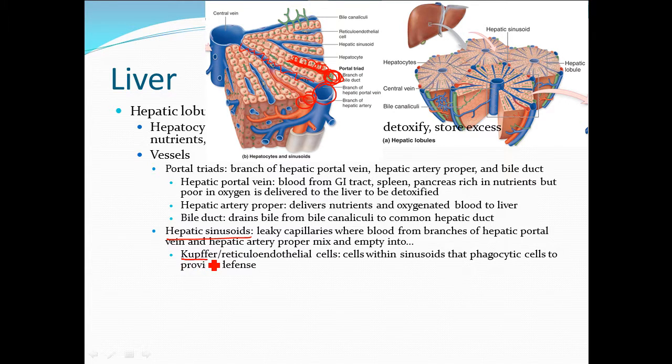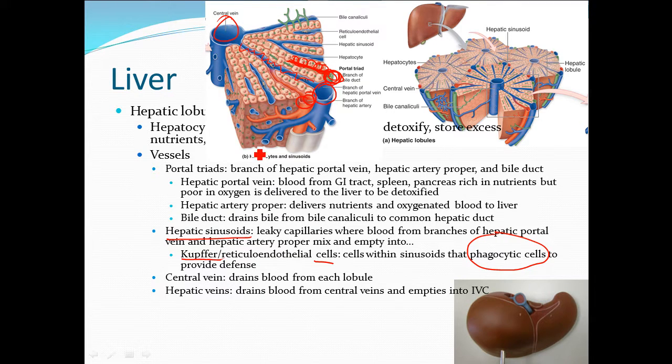Inside these hepatic sinusoids are these cells called the Kupffer cells, or the reticuloendothelial cells. And these are phagocytic cells that once again help detoxify our blood as it goes into the liver. The central vein is where the hepatic sinusoids drain to.